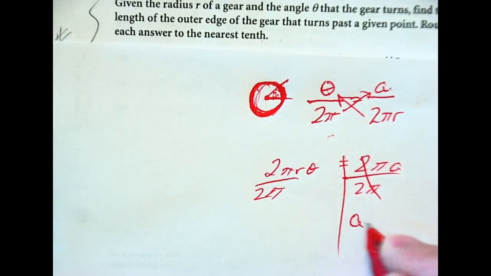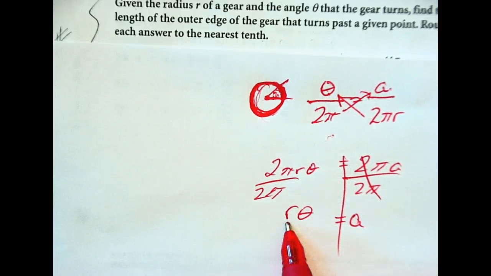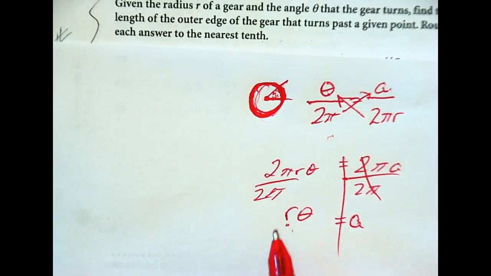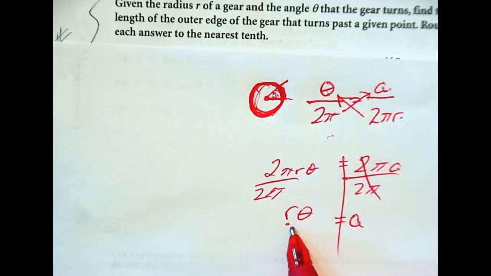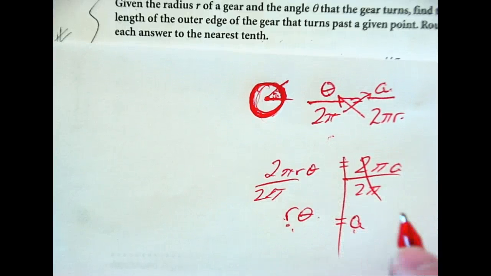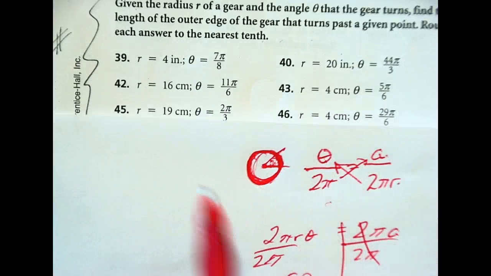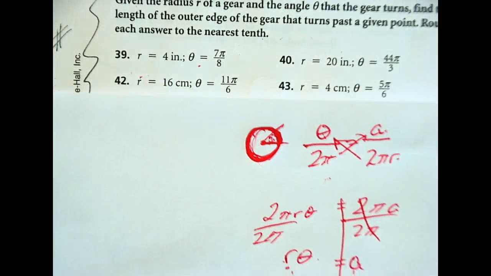A is equal to r theta. So if we know r, what does r mean? Radius. Not radians, it's radius, right? If we know the radius and we know theta, we can multiply the two to find out how far the gear turned. Do we know those things? Yep, we know those two things.